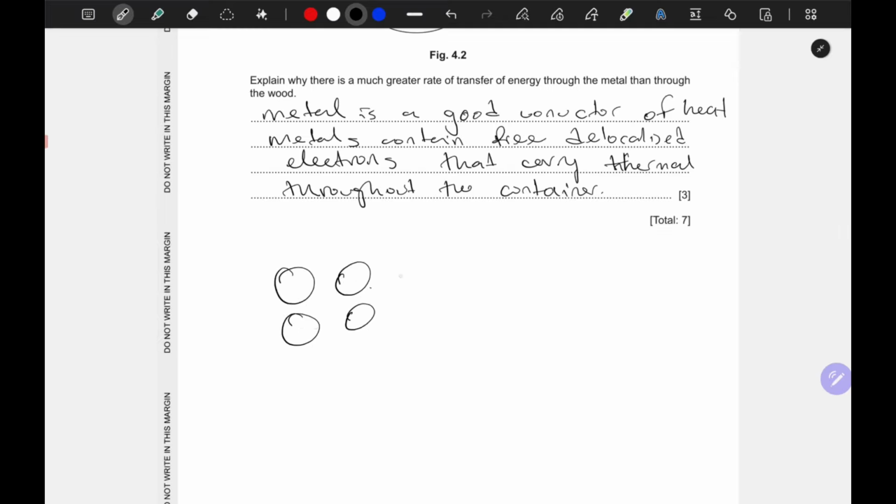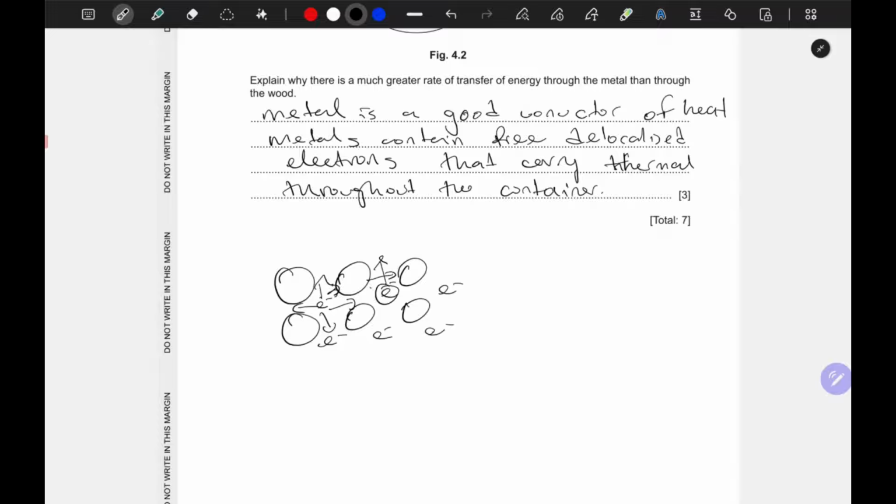If you're doing chemistry, you'd understand it even more. So we have electrons in metals. If these are the metal particles, we have electrons. So whenever heat is transferred, these electrons are free to move anywhere. They would carry the thermal energy, move, and collide with this particle, and this particle would collide with the other one.